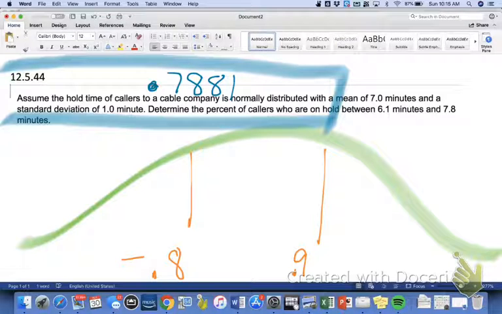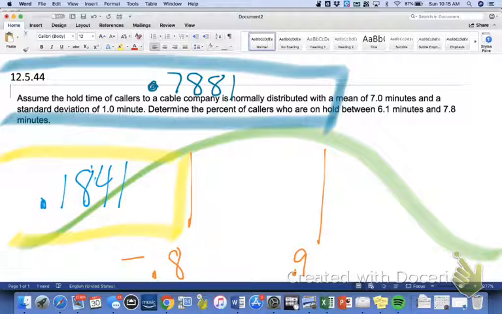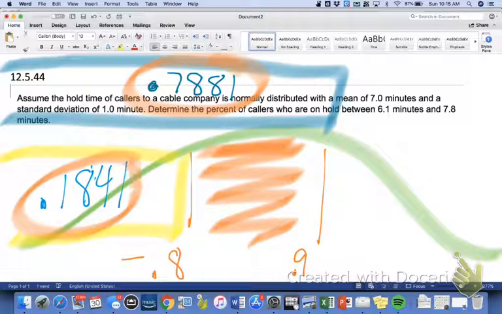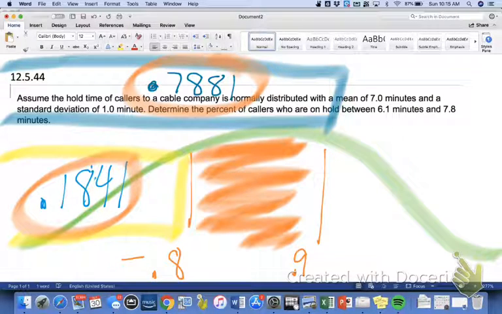And then the area to the left of negative 0.9, which we also just got from the table, was 0.1841. So in order to find the space that is in between the two of them right here, we need to take 0.7881 and subtract out 0.1841 to get this area that's left over in between them.